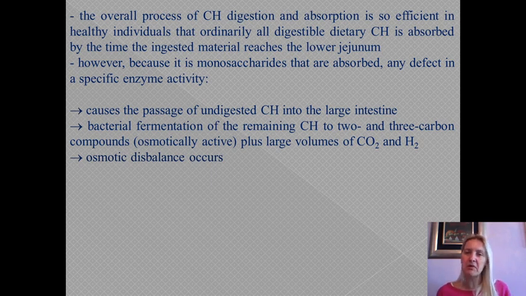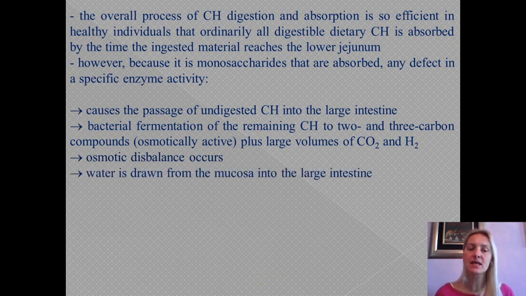You have to remember a little bit of our inorganic chemistry course. If you have this imbalance in osmotic pressure, you're not going to diffuse molecules from one side to another, but you have to bring the solvent. So in this case, water is going to be drawn from the mucosa into the large intestine in order to dilute those metabolic bacterial products.